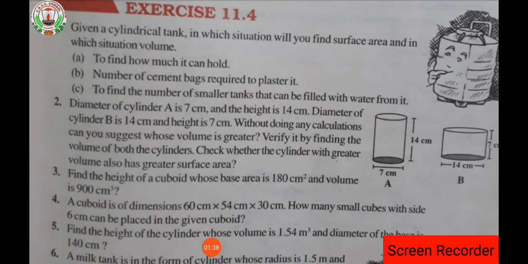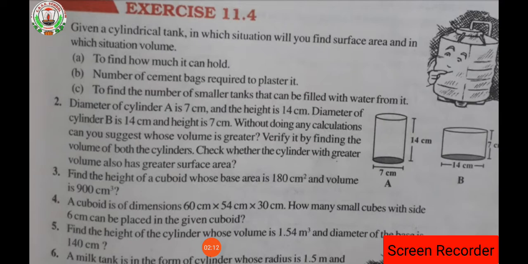So in the parts of question number 1, we have to say which we have to find, either volume or surface area. In the A part, to find how much it can hold, that means some kind of liquid is to be held inside the tank, so we have to find the volume. Then the B part, number of cement bags required to plaster it. Plaster is done on the surface of a wall, so what we have to find here is the surface area.